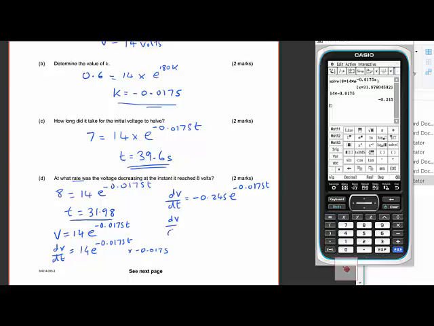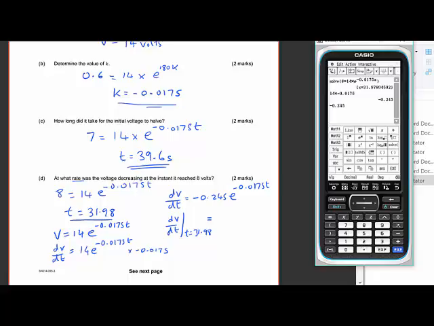So we want dV/dt evaluated when t is equal to 31.98. So all we need to do is calculate that. Actually, there's shortcuts to this that I haven't used. Let's just do it.